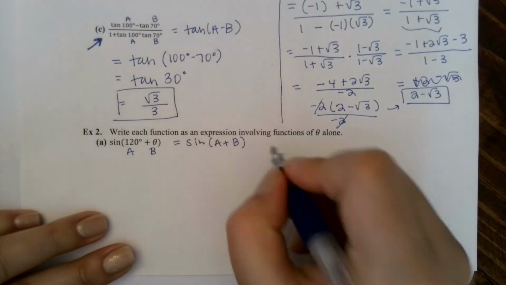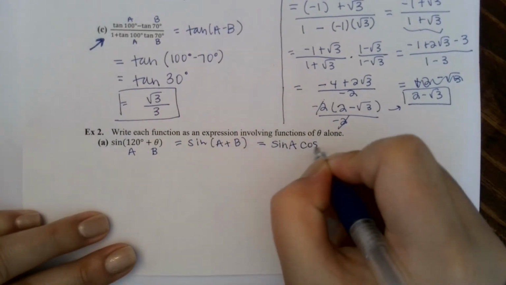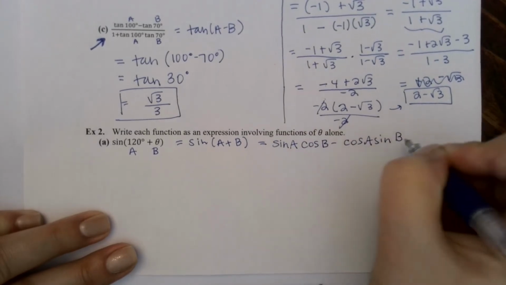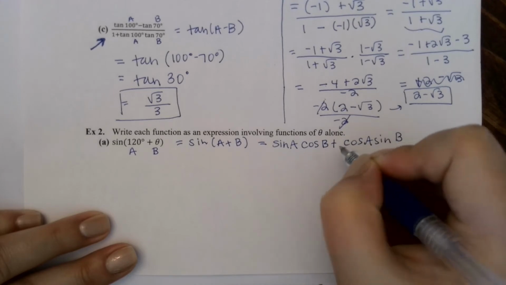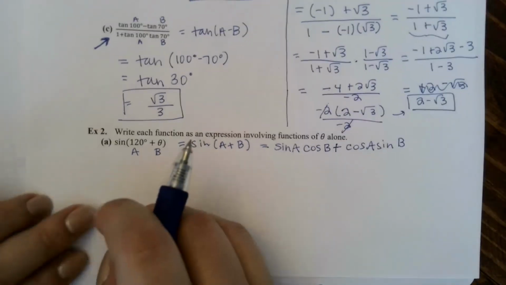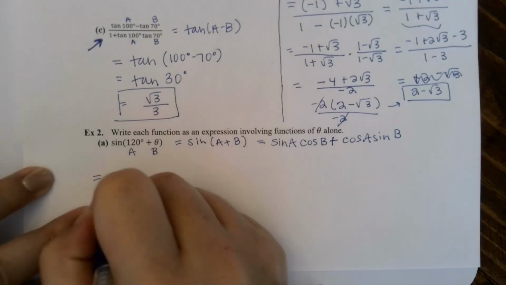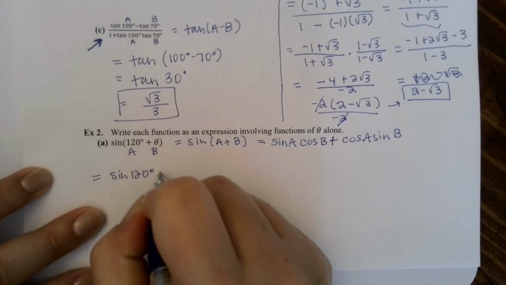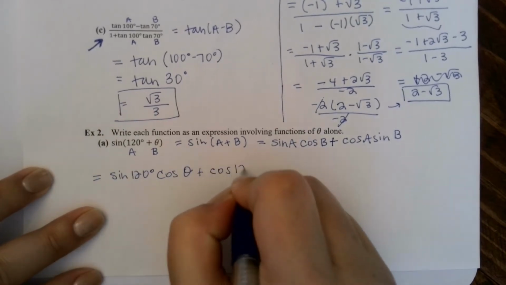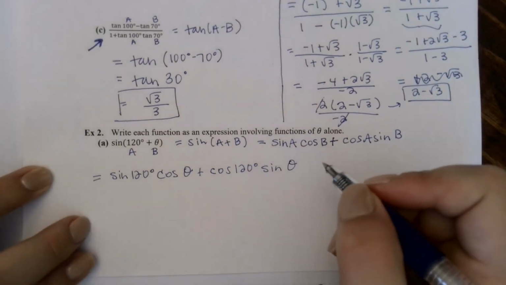So we're going to rewrite that as sine A cosine B plus cosine A sine B. So then we have sine of 120 degrees cosine theta plus cosine of 120 degrees sine theta.